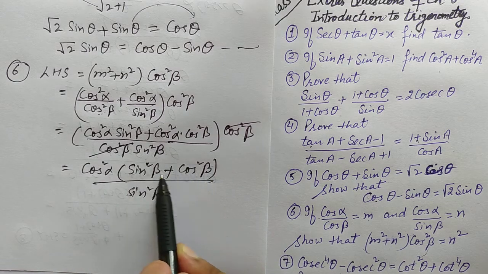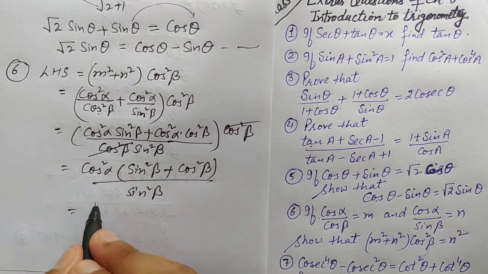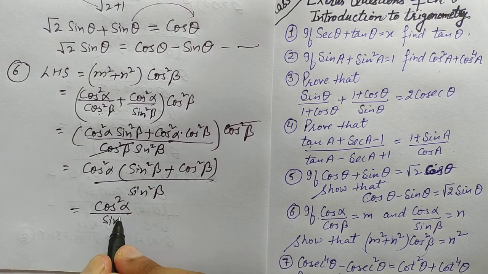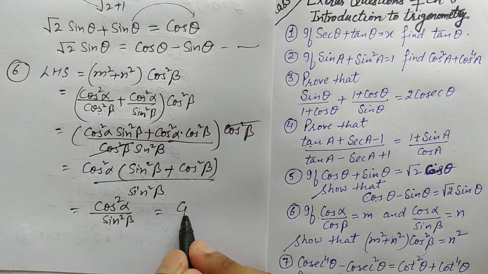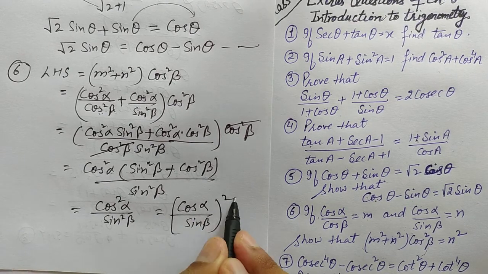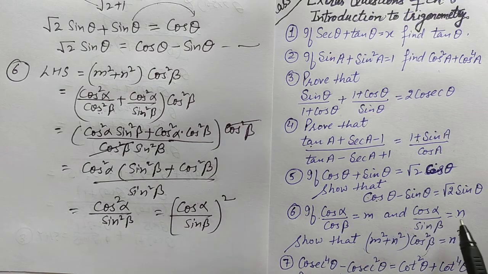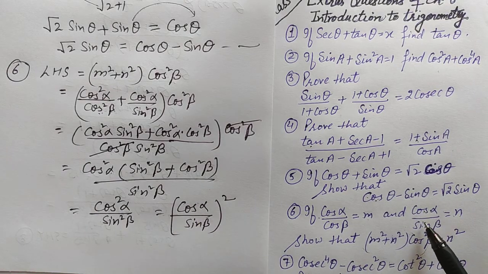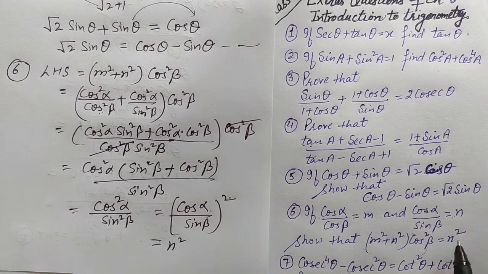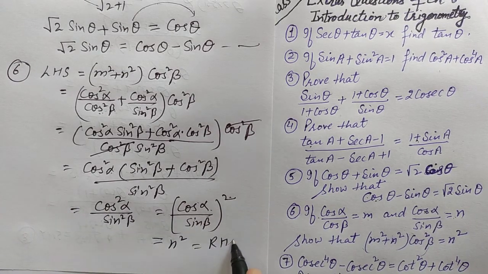So this is 1, right? So what is left with us? Cos square alpha over sin square beta is left, or you can say this as cos alpha over sin beta whole square. Now see what is cos alpha over sin beta. This is n, so this will be n square. So that is to be proved only, which is equal to right hand side, hence proved.